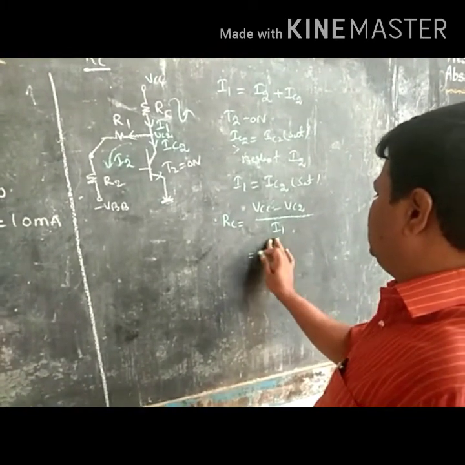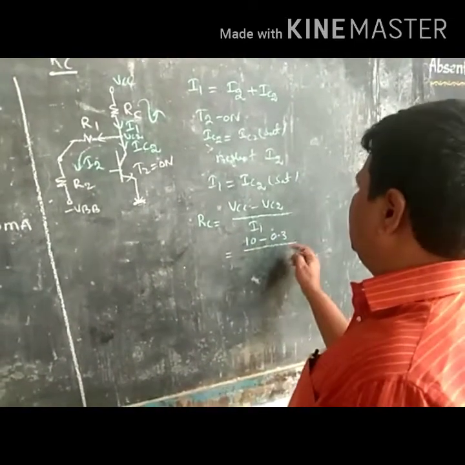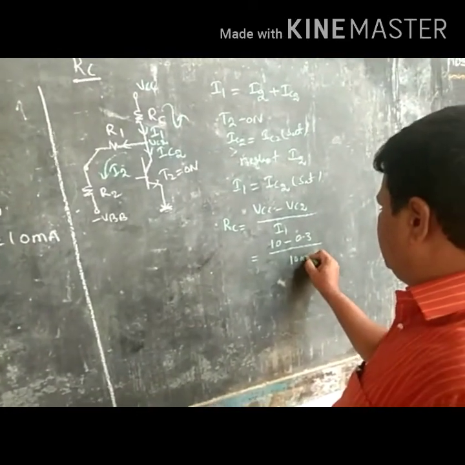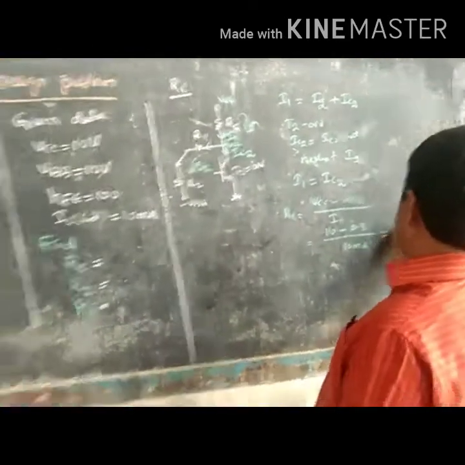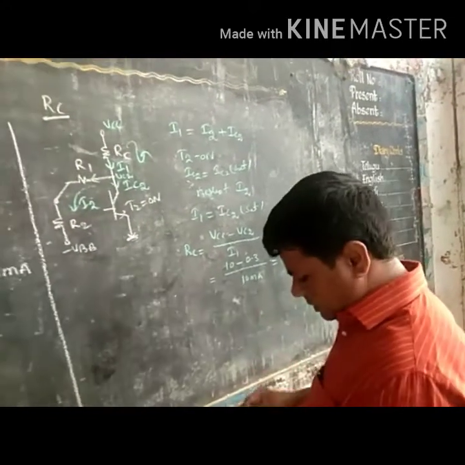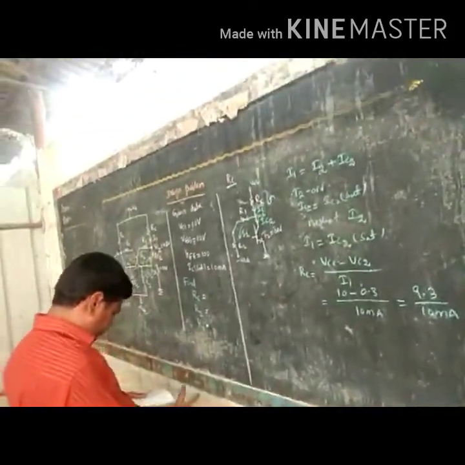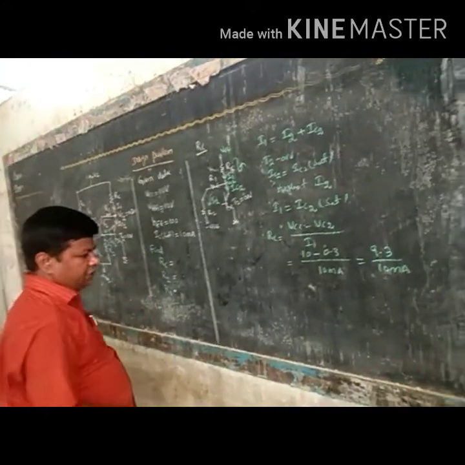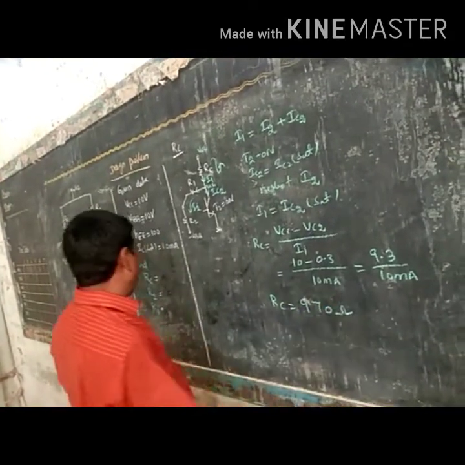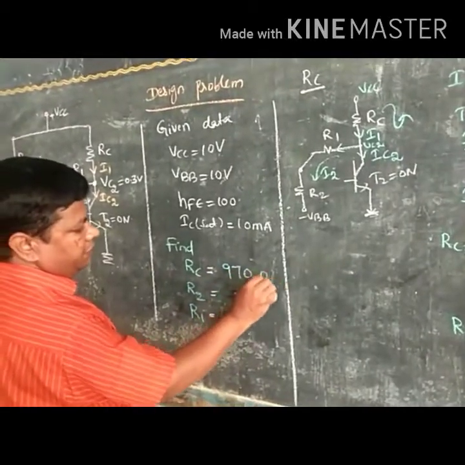VCC is equal to 10, minus 0.3, divided by I1, which is equal to IC saturation, 10 milliamperes. That is equal to 9.3 divided by 10 milliamperes, so the value is 930 ohms. So the first resistor, RC, is 930 ohms.